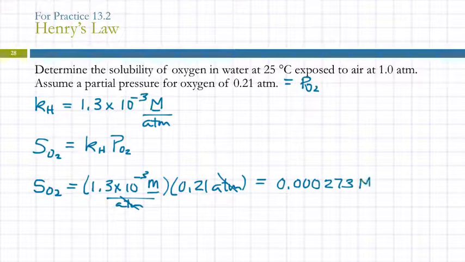Molarity, capital M, moles per liter. That should have two significant figures. So you could leave it like that. It'd probably be best to put it in scientific notation. 2.7 times 10 to the minus 4 moles per liter.